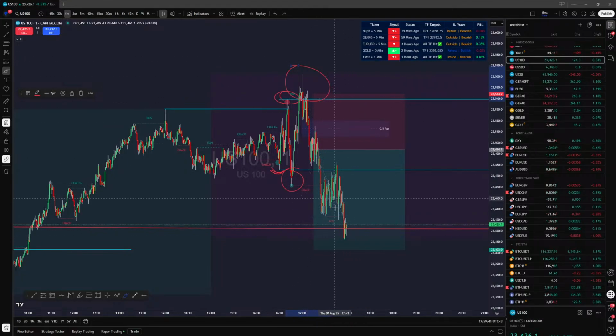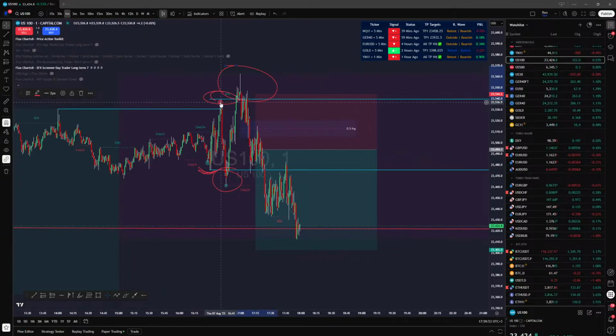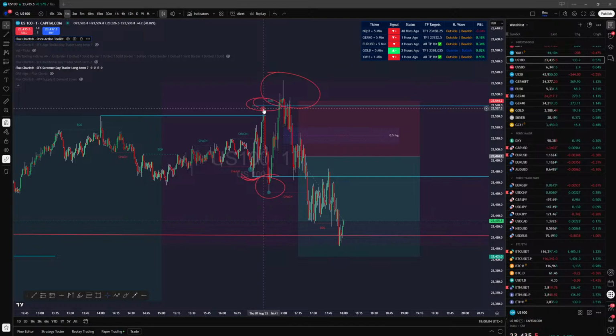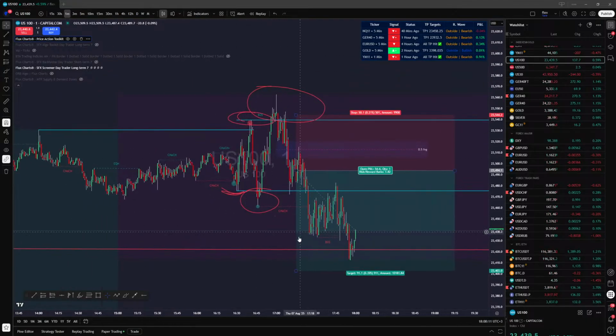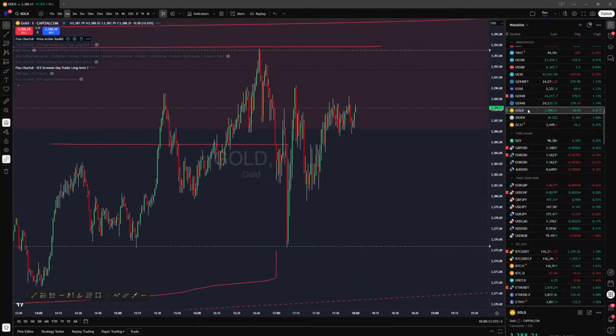And this was my second short after testing this 5-minute fair value gap. Yes, the toolkit gives you this one and this one. Yeah, it's a liquidity grab. So it's shorts basically, it's longs. But you have to understand why it happens, right?